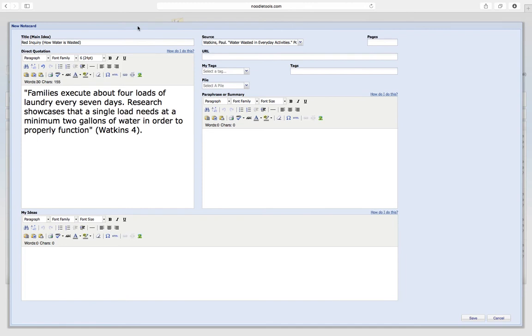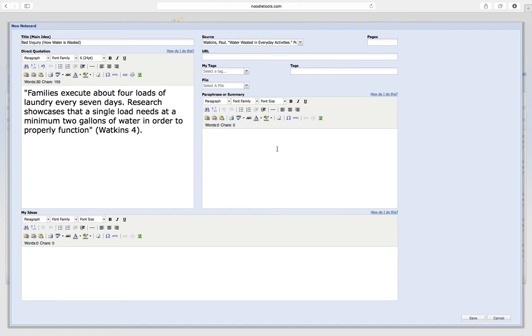So please remember to use the paraphrasing skills that we have gone over together in class. It's important. It's extremely important because watch this. If I go, families execute about 4 loads of laundry every 7 days. Research showcases that a single load needs at a minimum 2 gallons of water in order to properly function. So watch this.